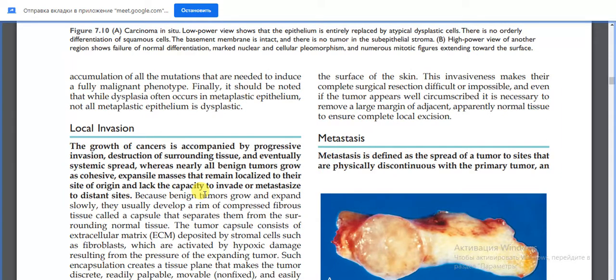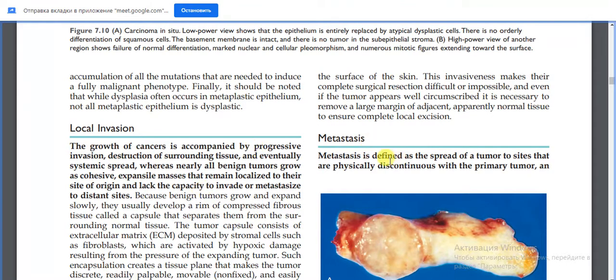Cells invading this loose connective tissue can detach from the tumor and travel through the lymphatic system, or even invade blood vessels and travel through them. So it's a very dangerous situation, and it's the last step before metastasis.